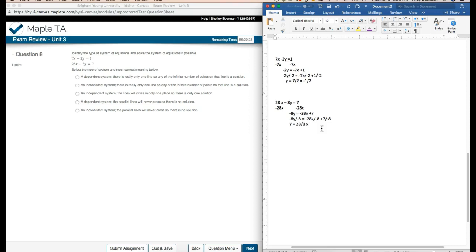The x is still there. Positive 7 divided by negative 8 gives me negative 7 eighths.